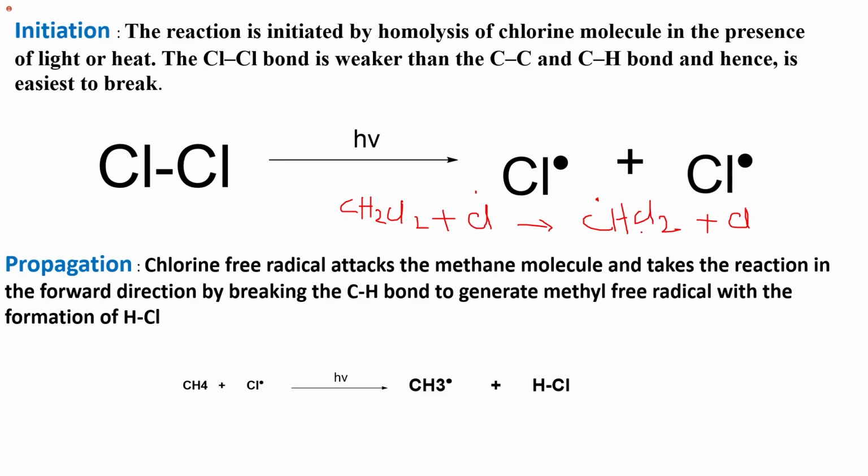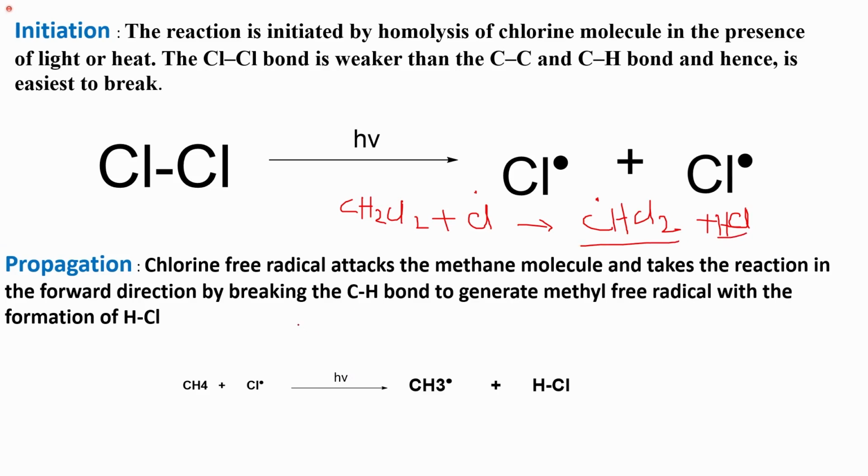You have this one now and HCl. How? Let's say you have a Cl dot. Here one proton is taken up by this chlorine radical. It will take one proton from CH2Cl2. Now you have a CHCl2 dot and one extra hydrogen taken by Cl dot, and it will form the HCl. So you have now this one.